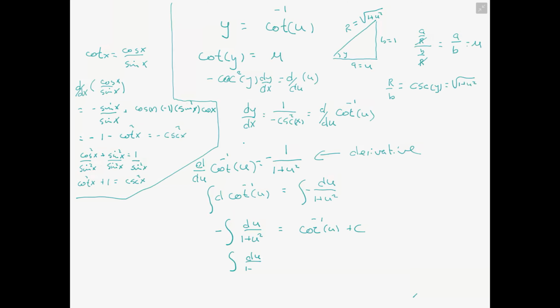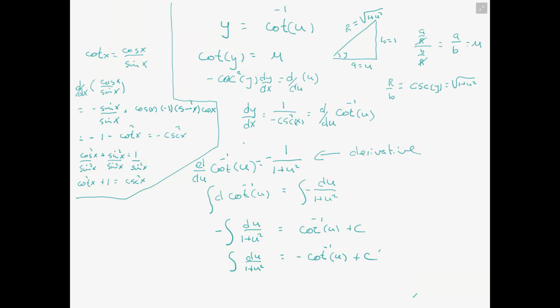And if we multiply across by minus 1, we got arccotangent of u plus minus c, or plus c prime. It doesn't matter.